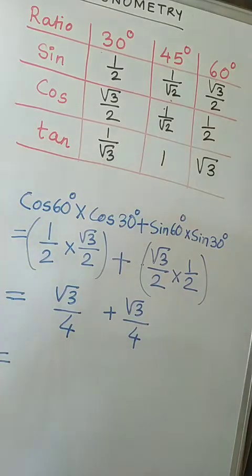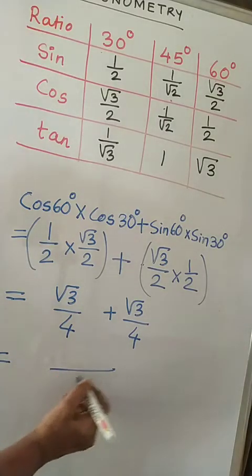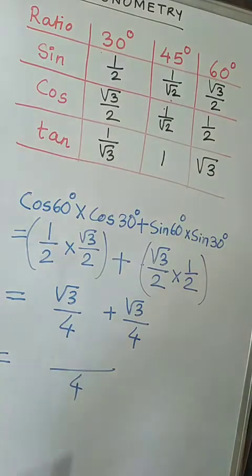Now 4 in the denominator for the first fraction, 4 in the denominator for the second fraction. Obviously LCM is 4, and when LCM is 4, all you do is add the numerators.